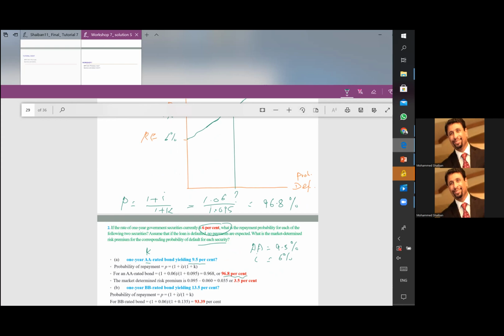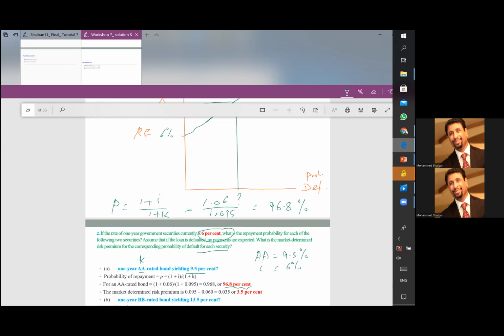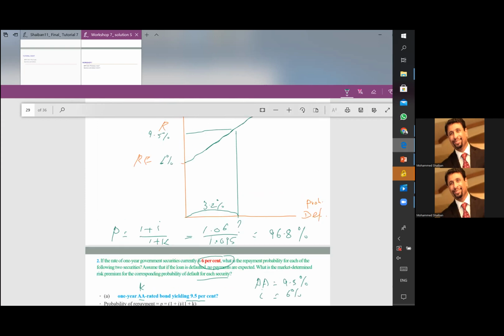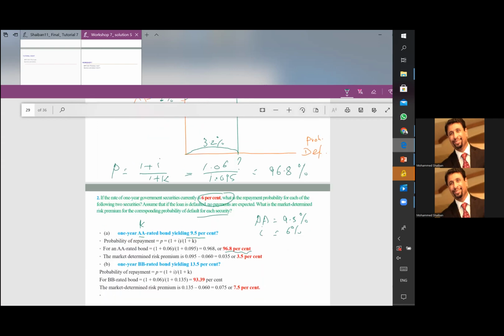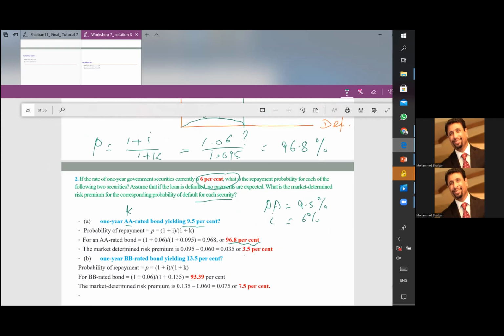So I'm taking, so the rate of defaulting for this defaulting is 3.2, right? I'm taking 3.5. So as you can see, for a company with a default of 3.2 or a probability of payment of 96, I can take 3.5% more. This is just by concluding from the rates.